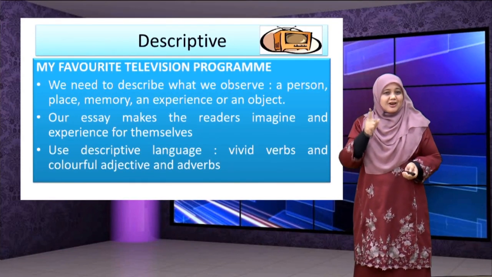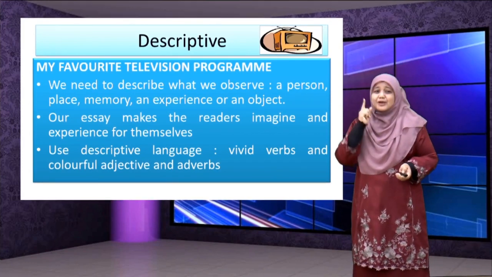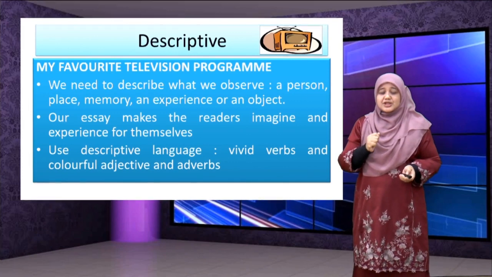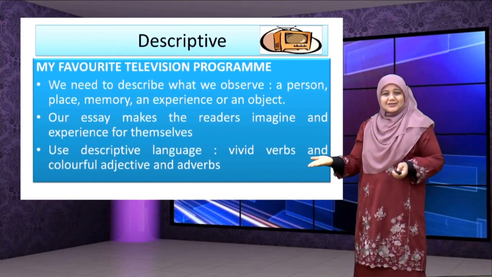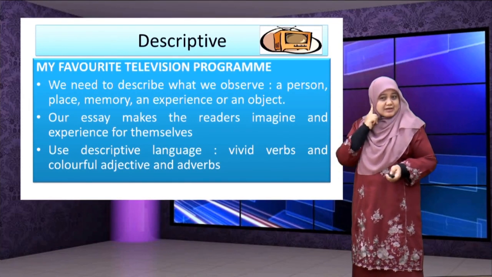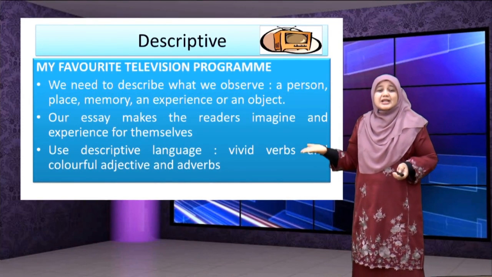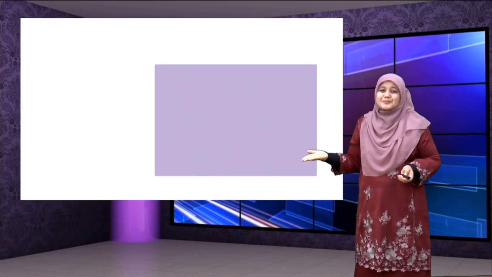And remember, I will stress again and again the word remember, because I want you to remember this. You need to use descriptive language, which refers to vivid verbs and colorful adjectives and adverbs. Sound familiar? Why? Because this is the same kind of language that we use with our narrative essay just now.